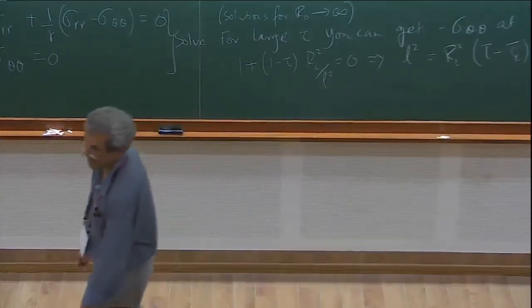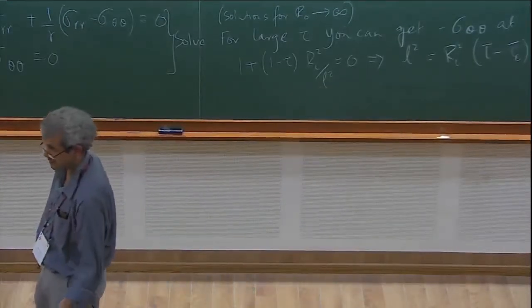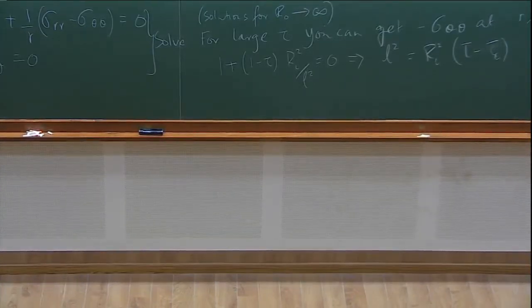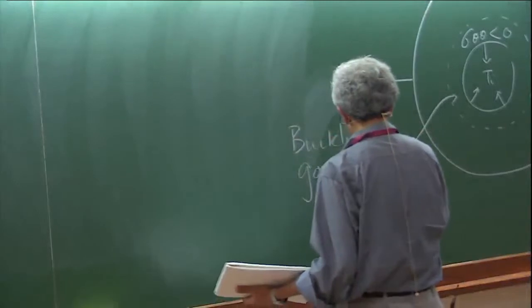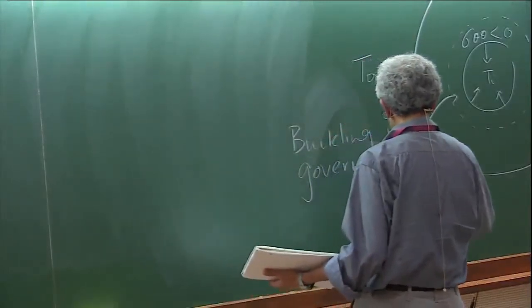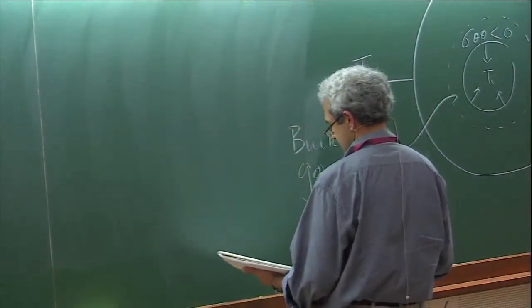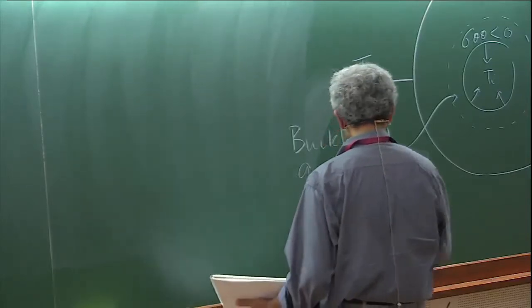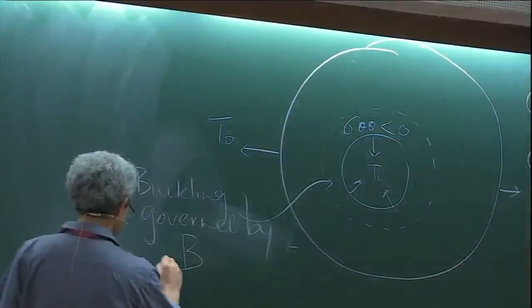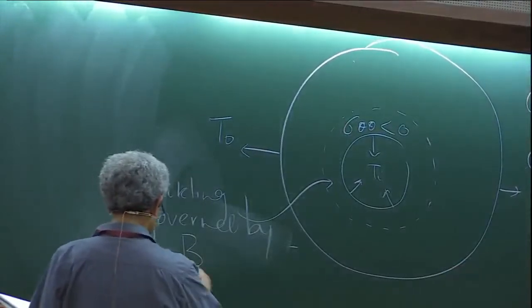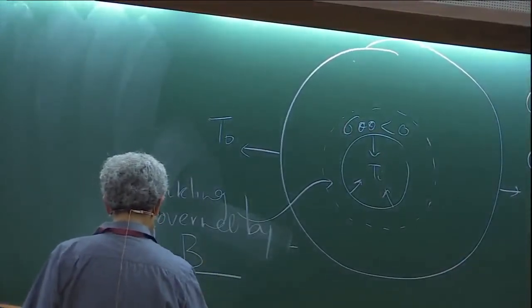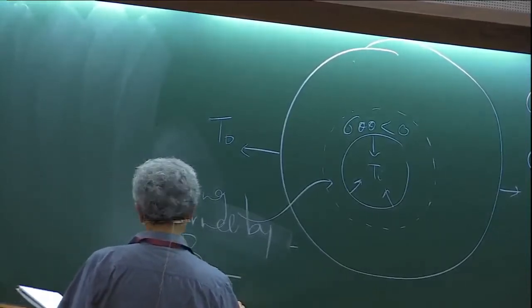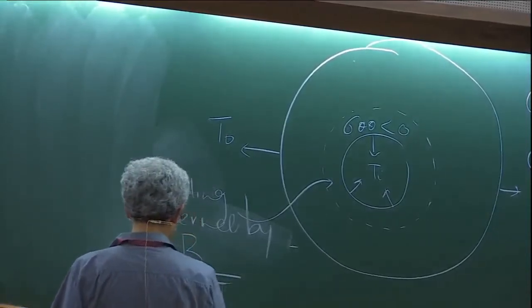And there you'll have a very similar buckling parameter. Buckling governed by, we've written this a few times now. It's just the same thing. R in squared tension in, let's say. Okay?